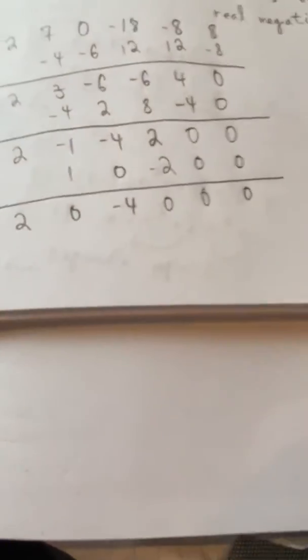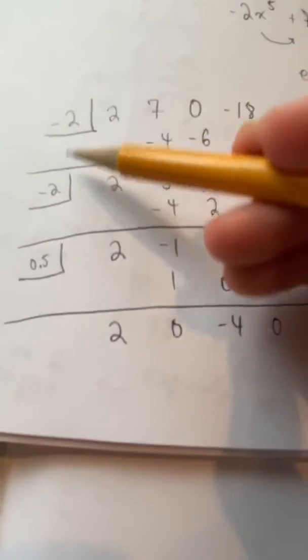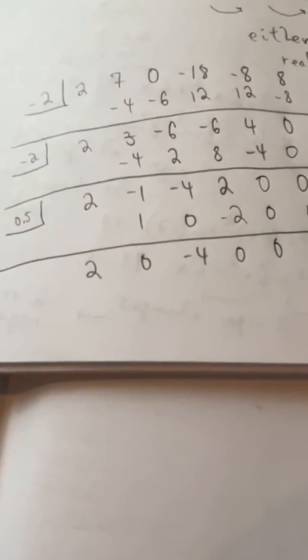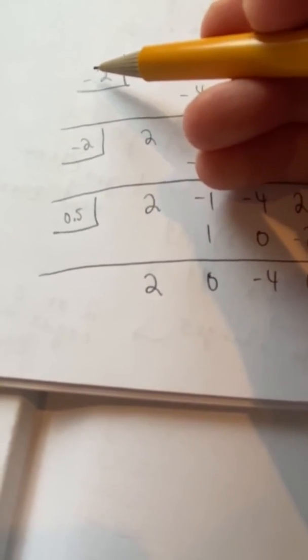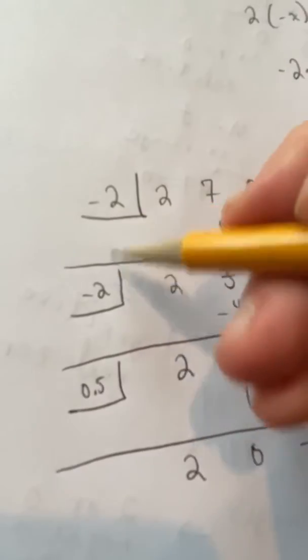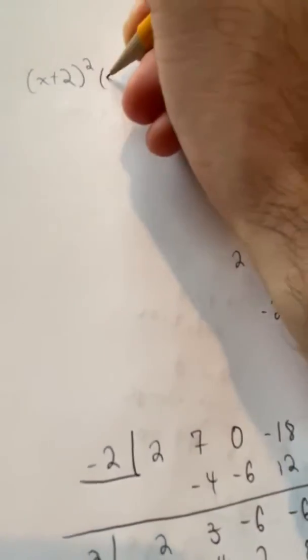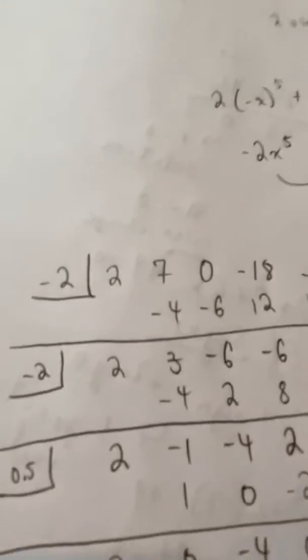So how do we do that? Now that we have this partially factored form, what we can do is write it out. x plus 2 is going to be a factor of our original equation. And because we have negative 2 as a root twice, we can write x plus 2 squared, okay? 1/2 is also a root, so we can have x minus 1/2, okay? That leaves the question of what's left over.